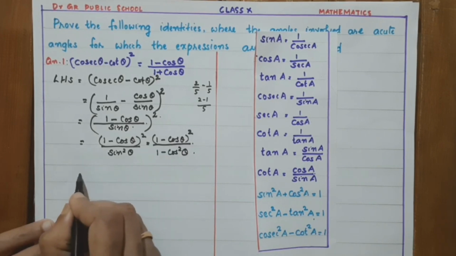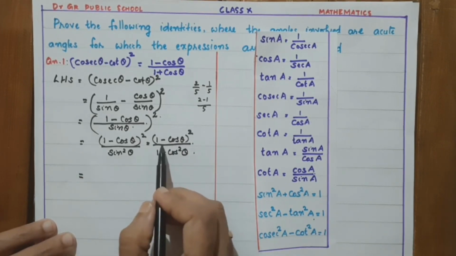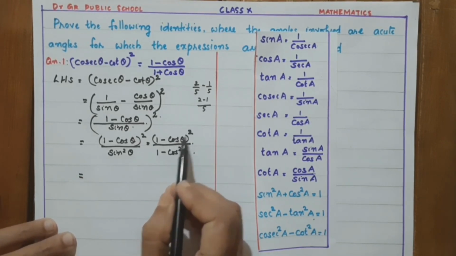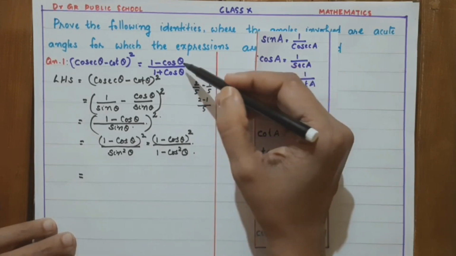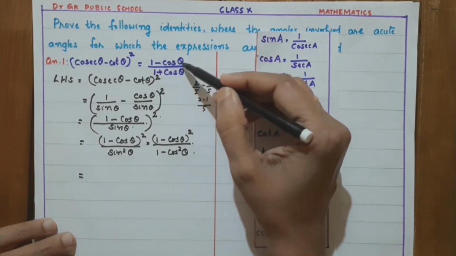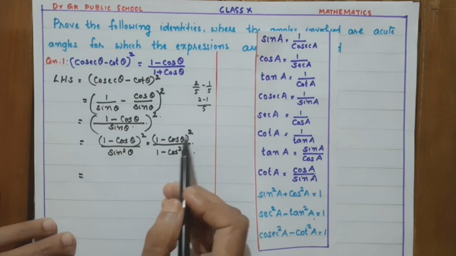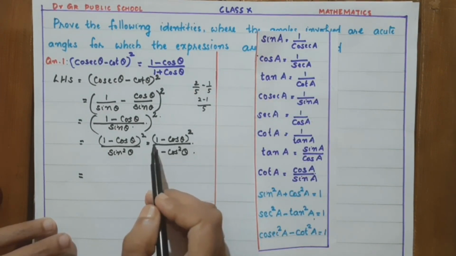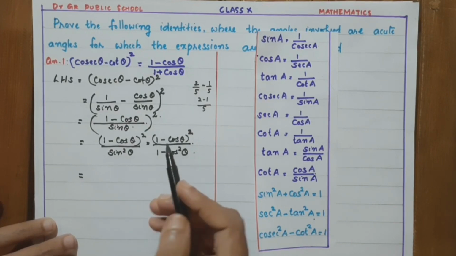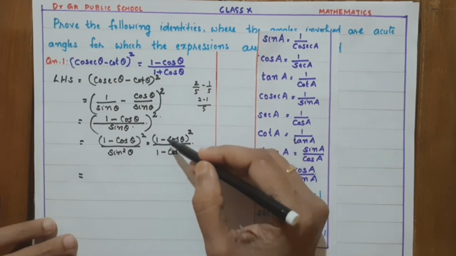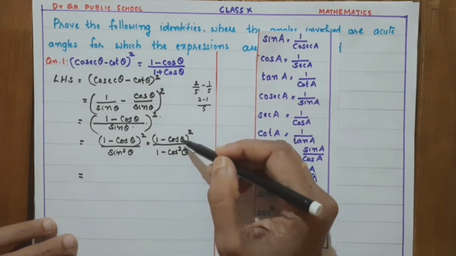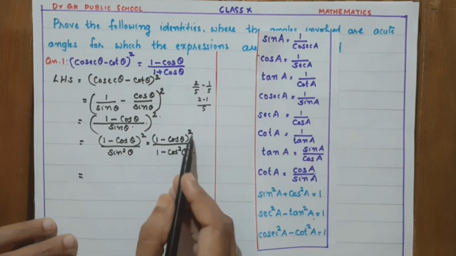Now see, 1 minus cos theta the whole square, but here we have only one time 1 minus cos theta, isn't it? So we have to avoid one time of 1 minus cos theta. Our next aim is to remove one factor of 1 minus cos theta from here.